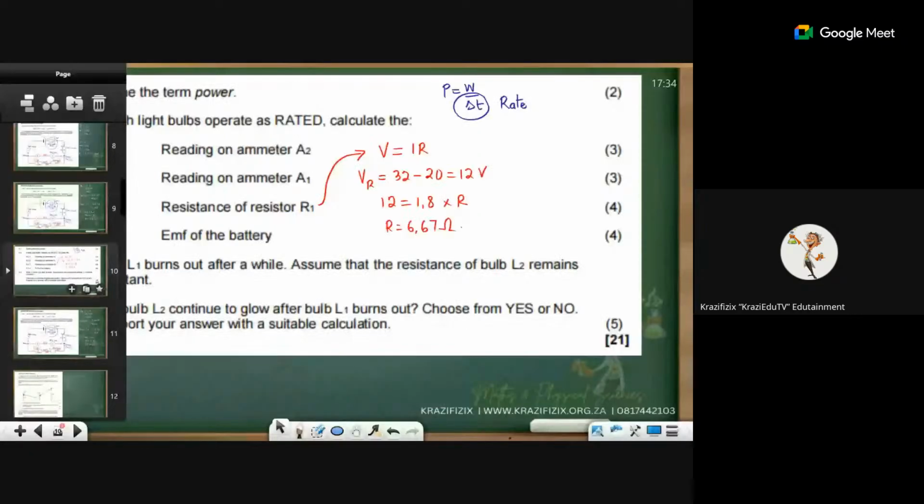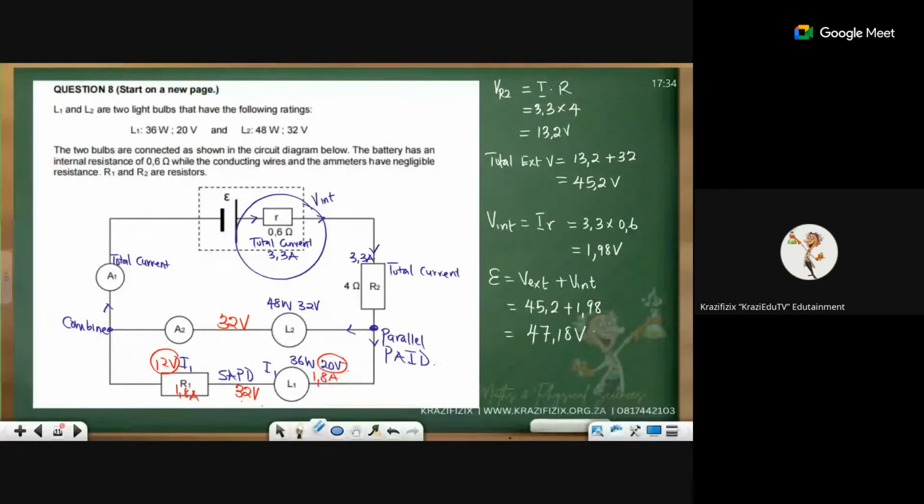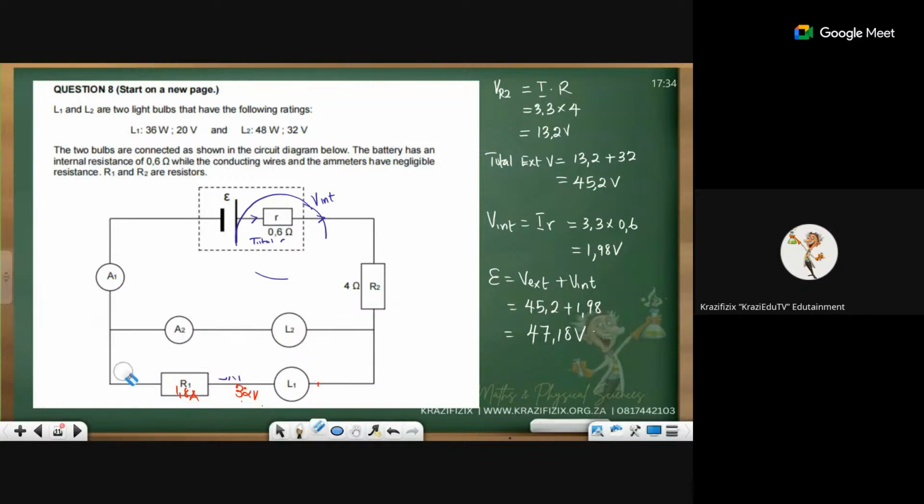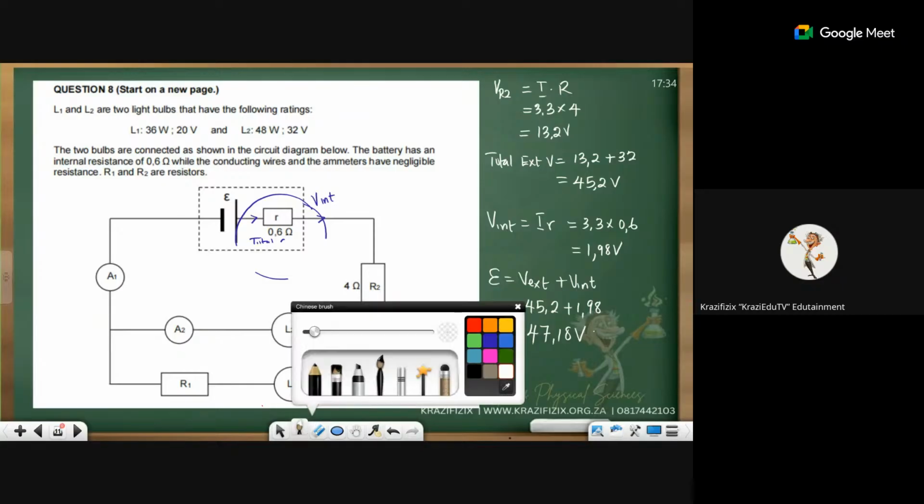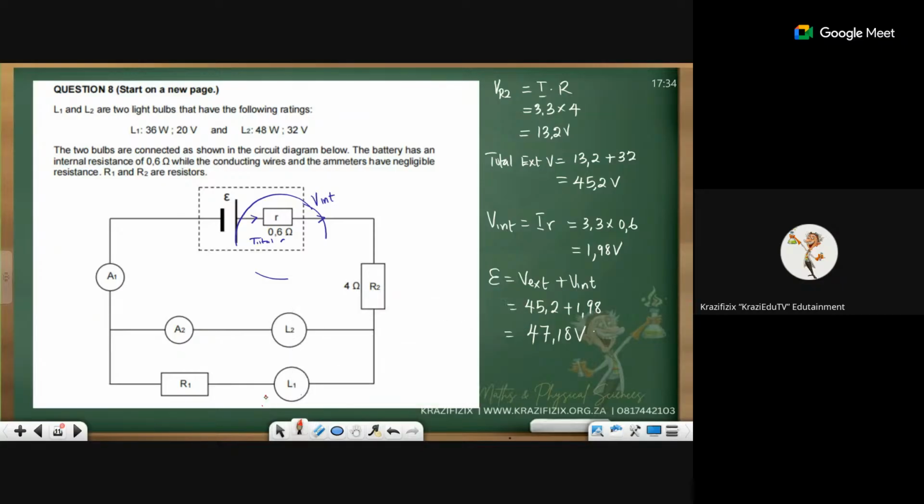Okay. Let me clean this because all of this will change. Now, if L1 burns out, it's like an open switch.